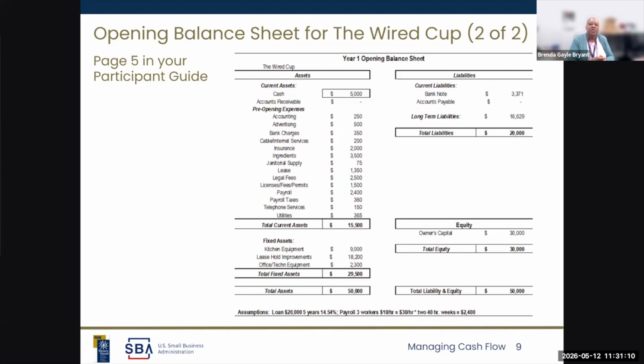Accounts receivable is I have a product or service that I'm putting out in front of my customers, and I do so much work and I send the customer an invoice.